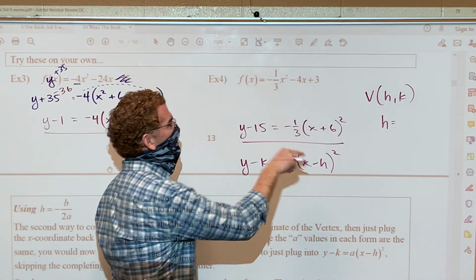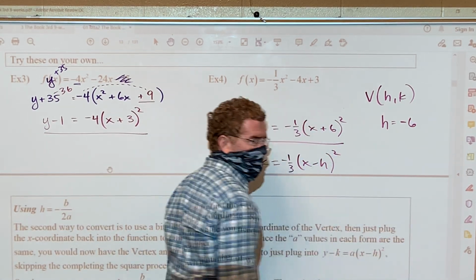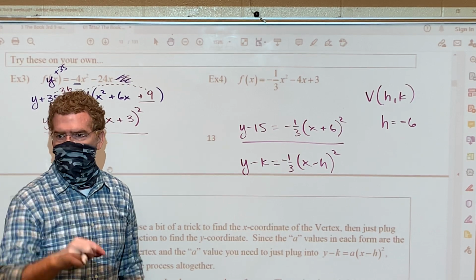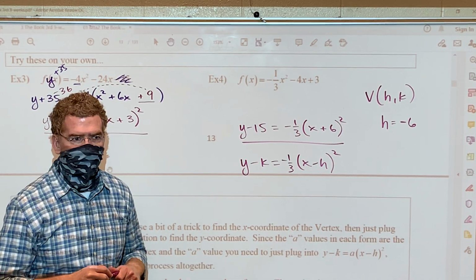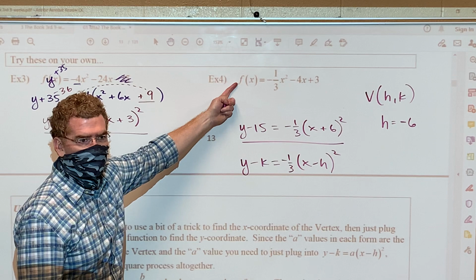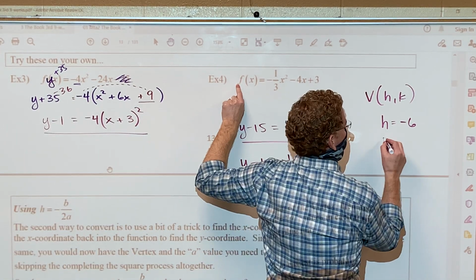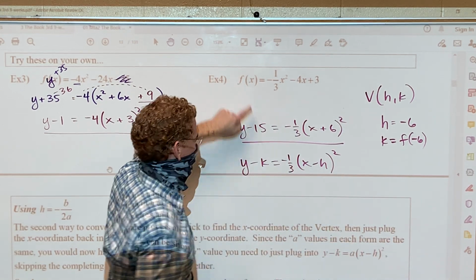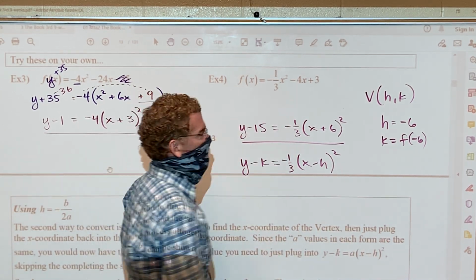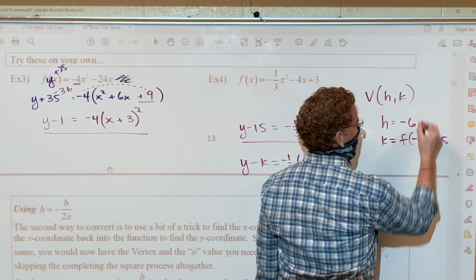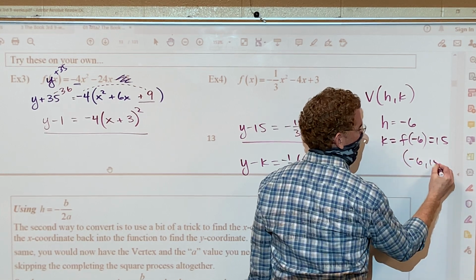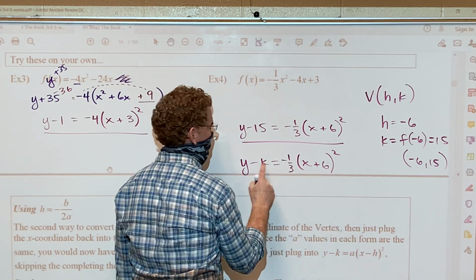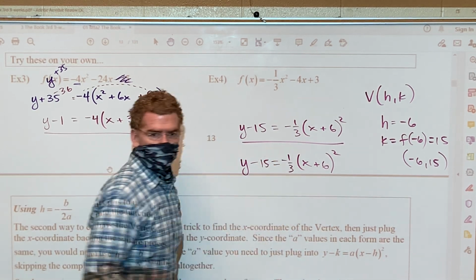And if I could find that h, which ends up being negative 6, how could you use that negative 6 to find the k value? Plug it back in. To find the k, I could just plug it back into my function, and we would find that the k value would be 15. And I would have my vertex. And then I could just plug the vertex right in here and call it a day.